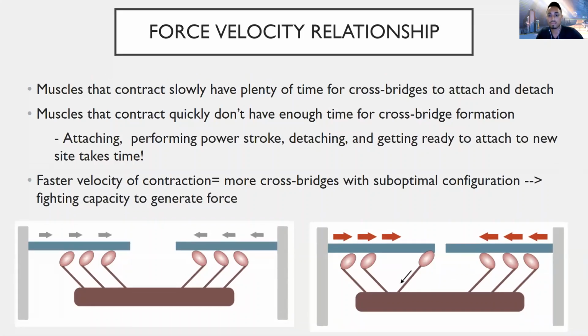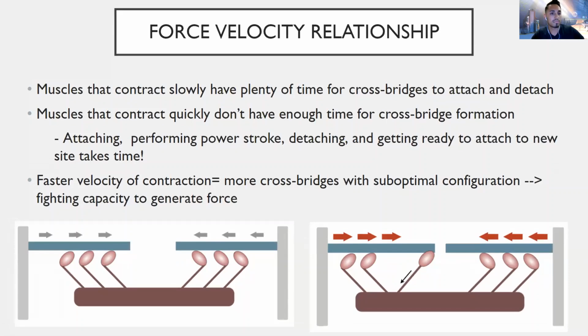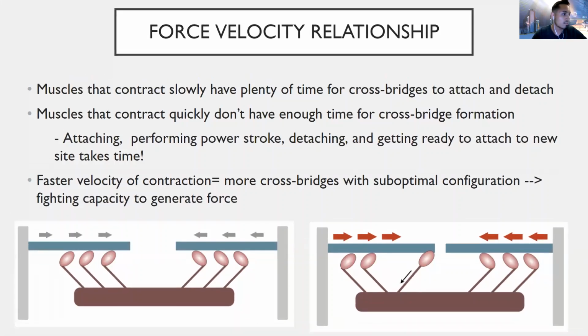So it opposes. When we say fighting capacity to generate force, that's what it means, because it's in the suboptimal configuration, versus the left side where the sarcomere has enough time to contract, perform the power stroke and then detach again. You can see that all of the myosin heads here are in optimal configuration.